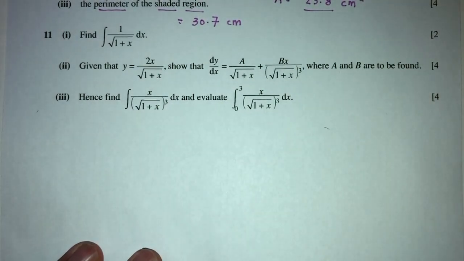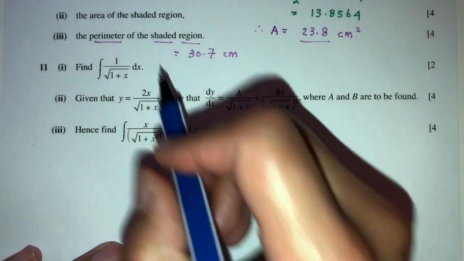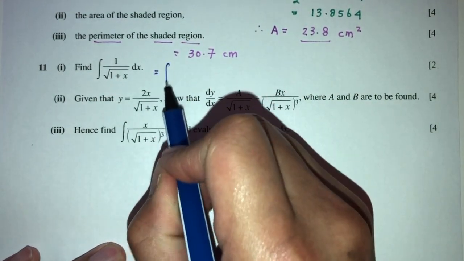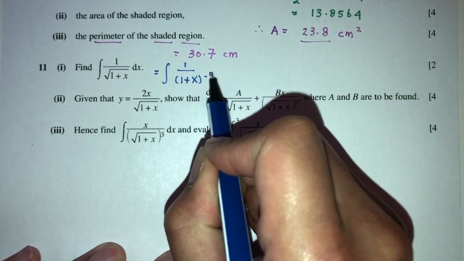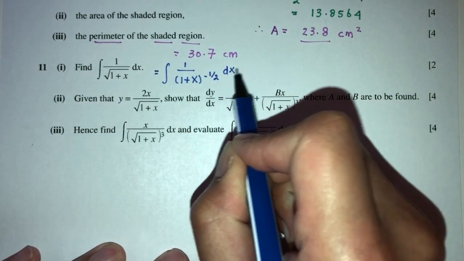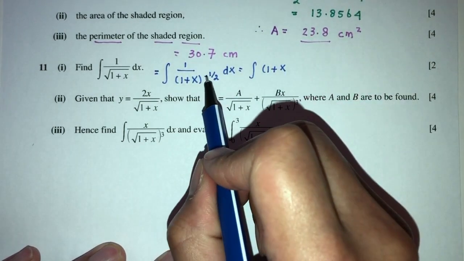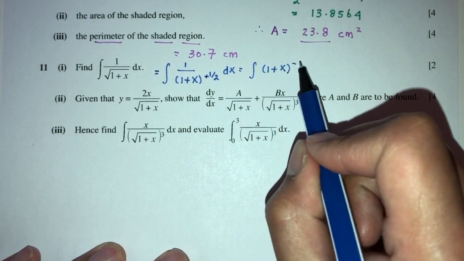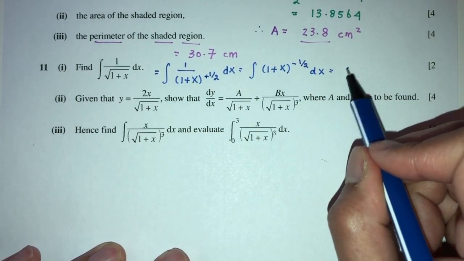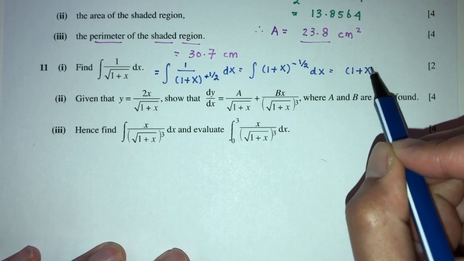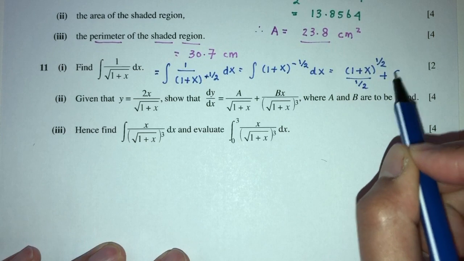So we have to find the integration of that value, so one by one. We can first rewrite this as 1 over (1 plus x) to the power of minus half, which can be written as the integral of (1 plus x) to the power of minus half dx, which is basically increase the power by 1, that will be half, divided by half, plus c.